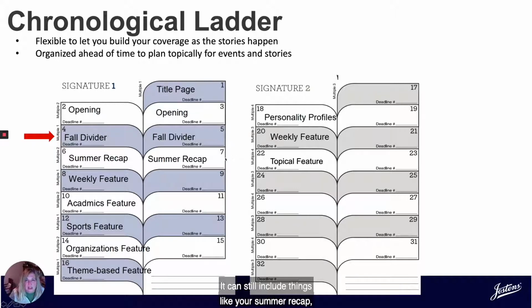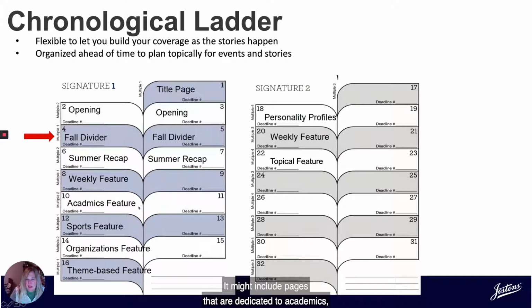It can still include things like your summer recap, but it might also include something like a weekly feature spread where you can tell all of the stories that have happened that week, including sports, academics, clubs, and even trends that have popped up.